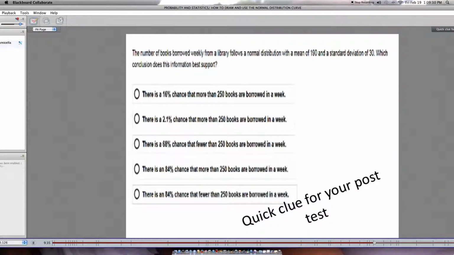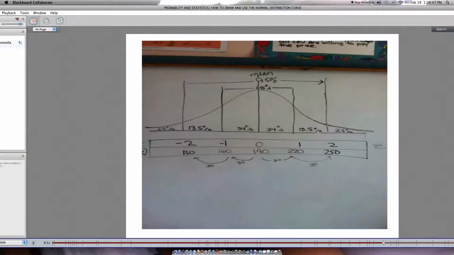How about choice B? There's a 2.1% chance. Well, that looks like it could work. It pretty much supports it. It's close. It looks like it might work unless there's something better, but I'll take one more look. I have 250 books borrowed in a week. It's around 2.5% that are more than 250 books in a week. So go ahead and keep that one in mind.